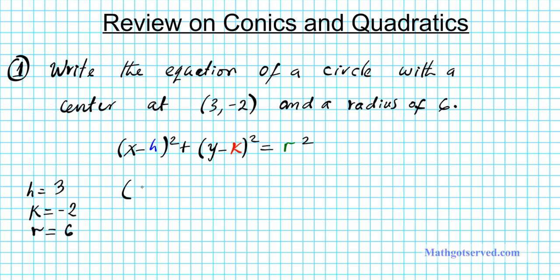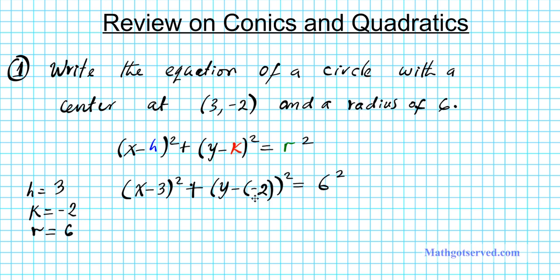Okay, so if we make a substitution, we're going to have x minus 3 quantity squared plus y minus, and you have to be careful here because k is negative, so you have to preserve that negativity of the value of k, squared equals radius, which is 6 squared.